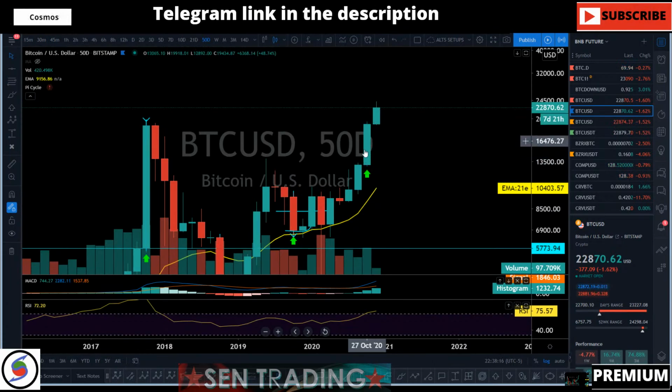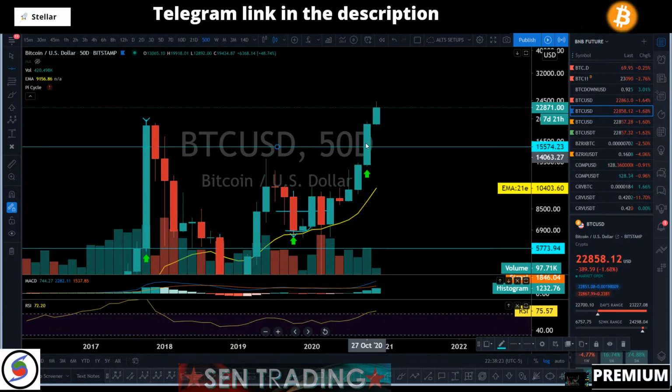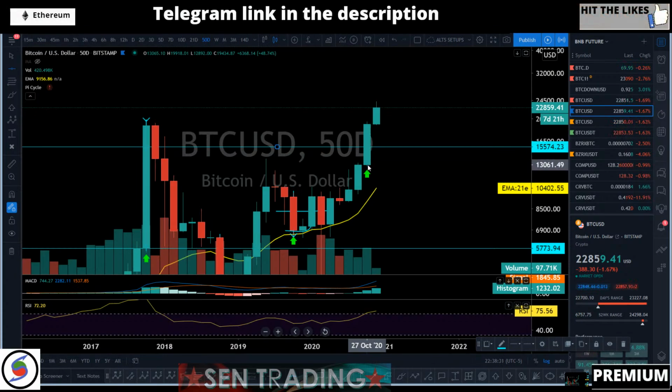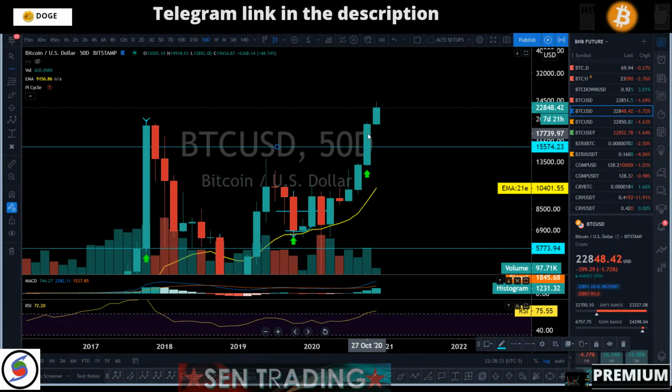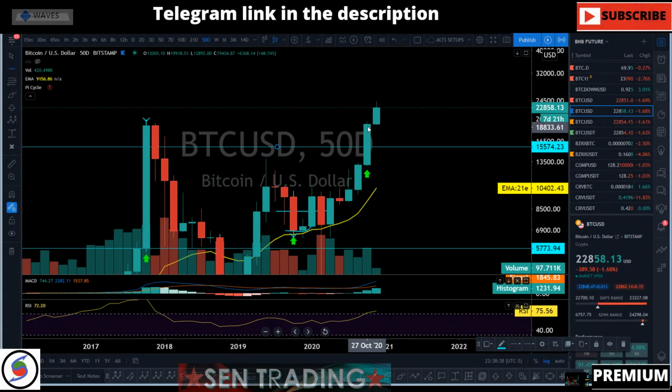Not right now, but the last 50-day candle right here. We're going to expect BTC at some point to retest 50% of the October 2020 50-day candle right here. The candle opened October 28th and closed December 15.